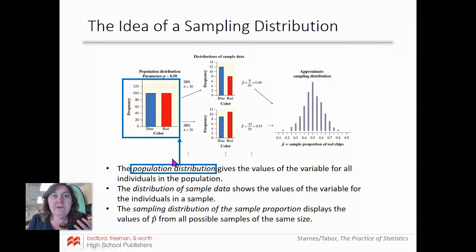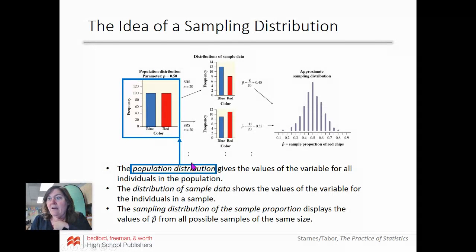From that population, because we don't have time to do every single sample, but if we could take every single sample, we would get to the true population parameter. We're going to take as many samples as we can. We need to take several samples because we've already learned the variability could mean that one may not be accurate. So we need to take many samples of the same size from this population.